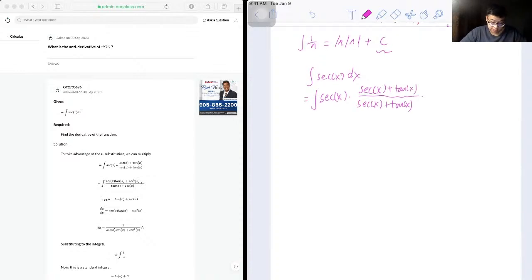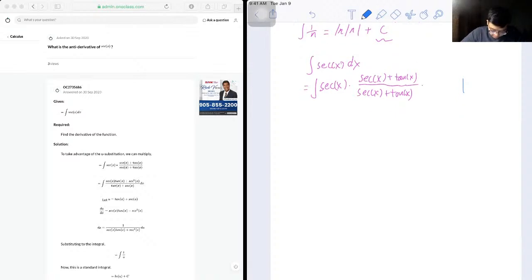And why we can do this is because the numerator and the denominator are exactly the same thing, so we pretty much just multiply the original integral by 1, which remains its original value.